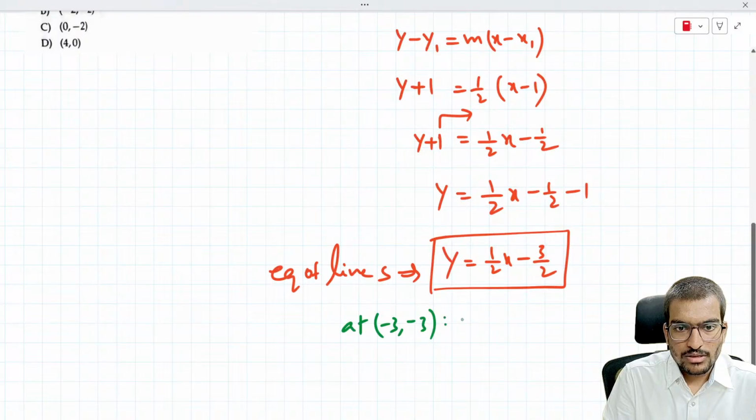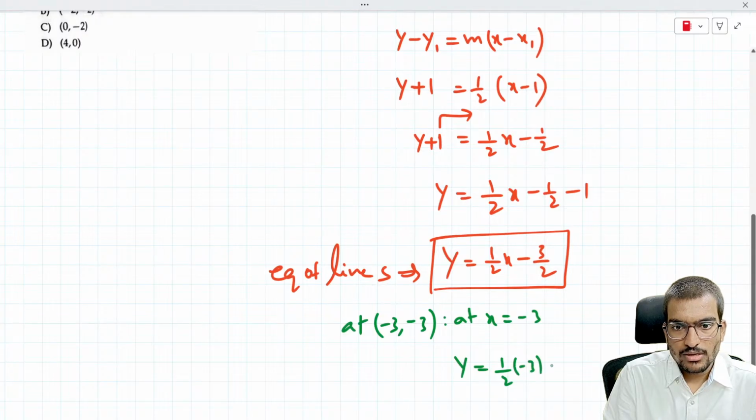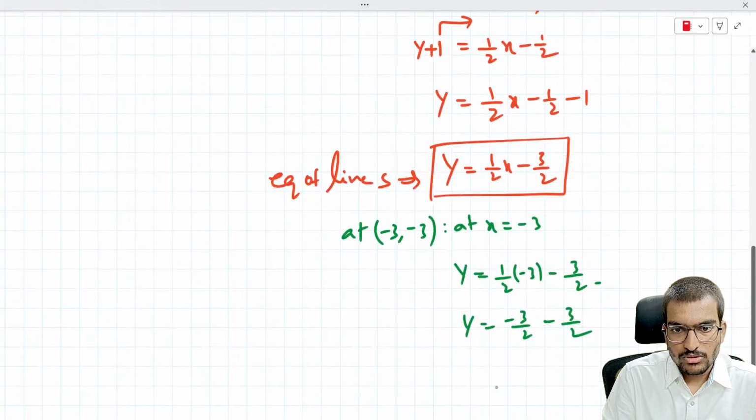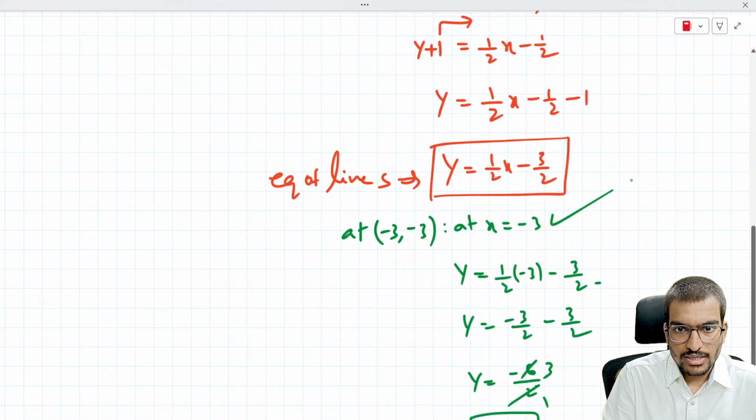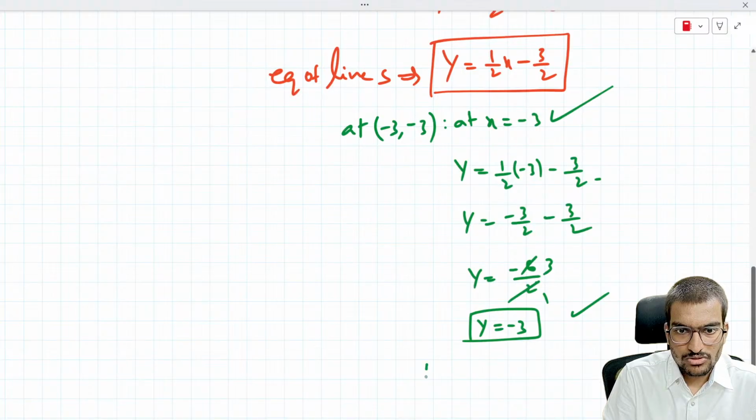At x equals negative 3, y equals 1 by 2 times negative 3 minus 3 by 2, so y equals negative 3 by 2 minus 3 by 2. So y equals negative 6 by 2, y equals negative 3. Yes, at x equals negative 3, y equals negative 3, so you are getting the answer.